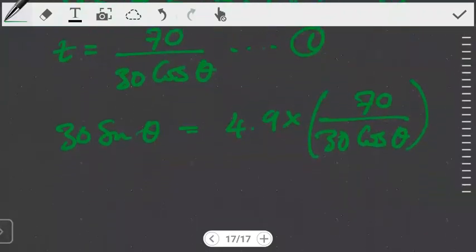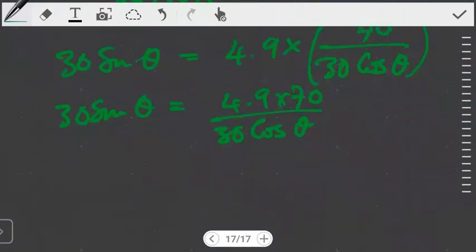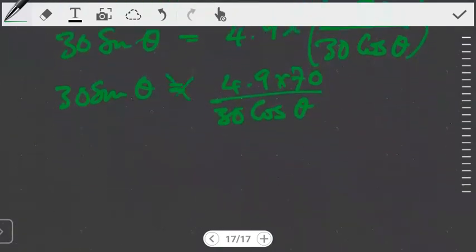At this point, we just want to work this out a little bit. We can simplify this a bit. This becomes 30 sine theta is equal to 4.9 times 70 over 30 cos theta. Here we can cross multiply, and this is over 1.